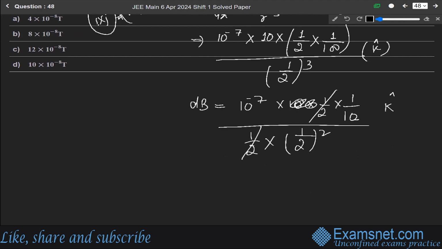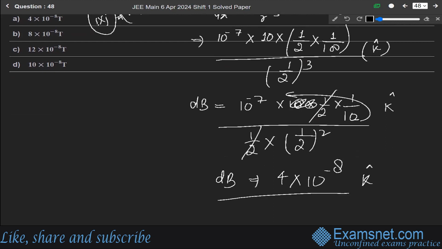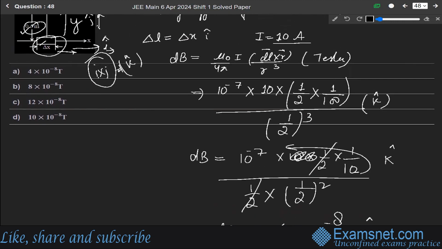So solving it, we get magnetic field is this 1 by 2 means 1 by 4. This will go in the numerator. We get 4 into 10 to the power minus 8 k cap. 4 into 10 to the power minus 8 Tesla means option A is the correct answer.